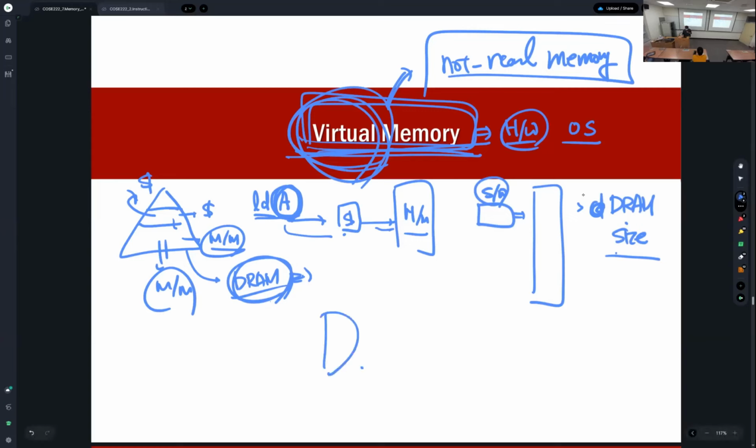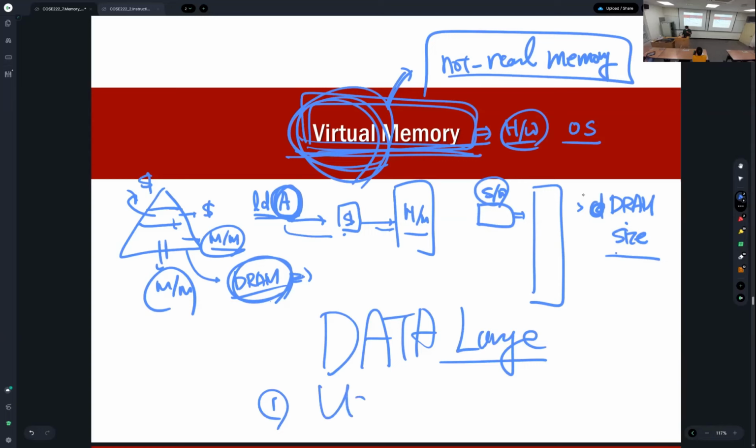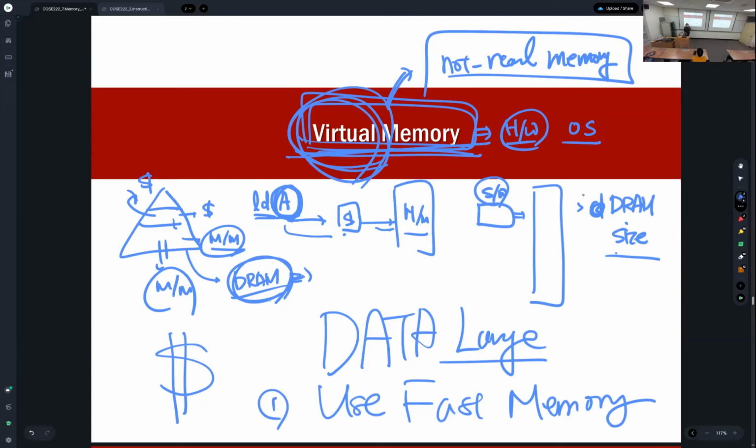So data is large, and we want to use fast memory. It's similar to cache. We want to handle a large amount of data, but we want to use fast memory, and fast memory is DRAM in a computer system.